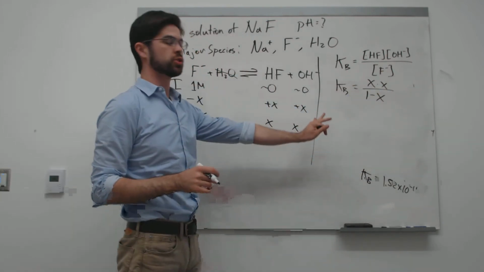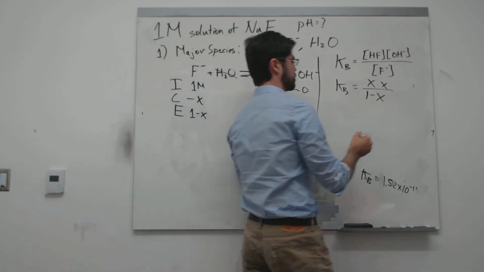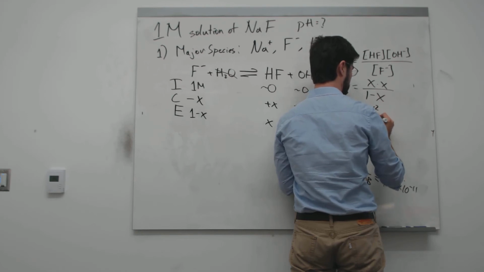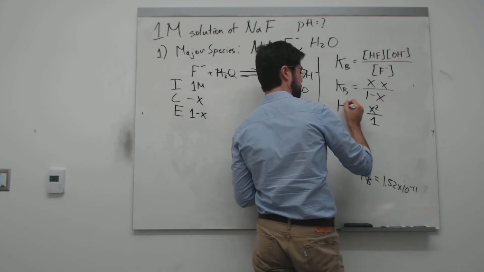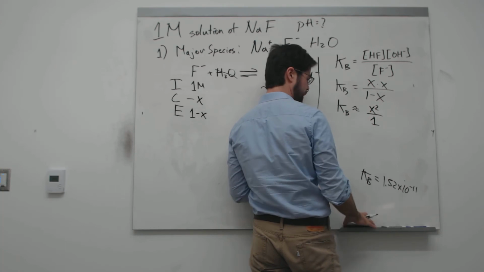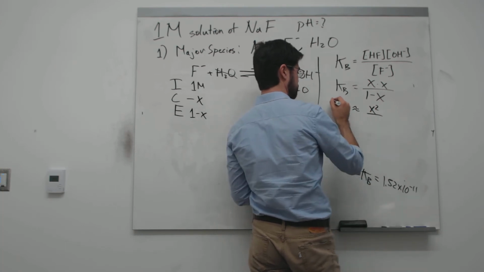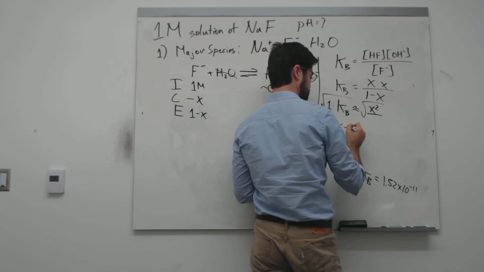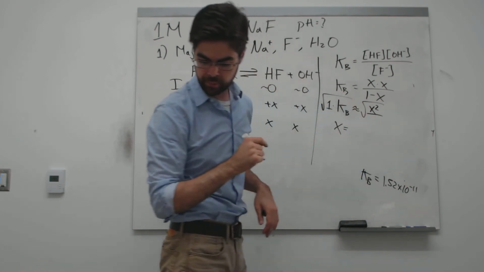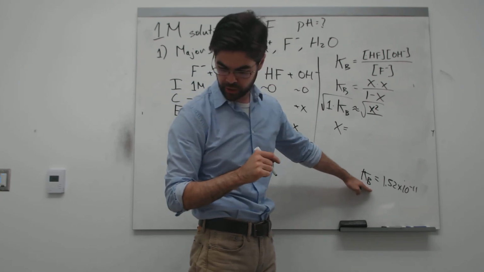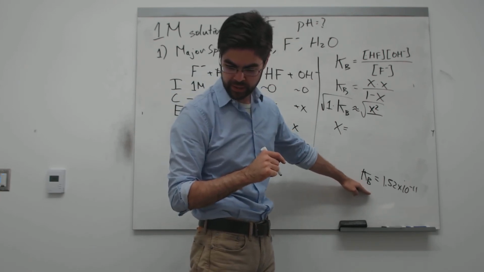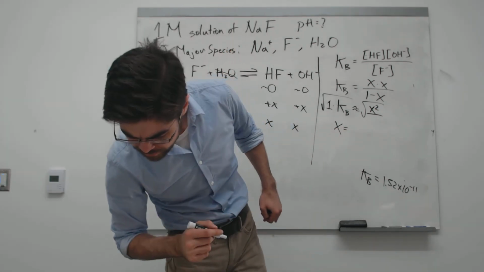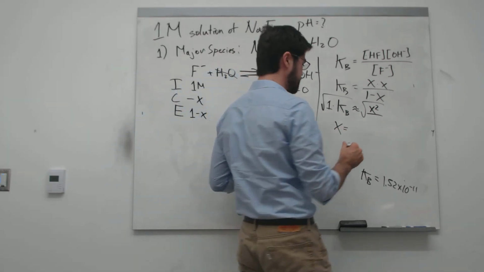We don't expect the reaction to go very far to products. So this should be approximately equal to x squared over 1. Move over the 1, and then take the square root. I get that x is equal to the square root of Kb. Kb was originally 1.52 times 10 to the negative 11. That square root is going to be 3.9 times 10 to the negative 6.